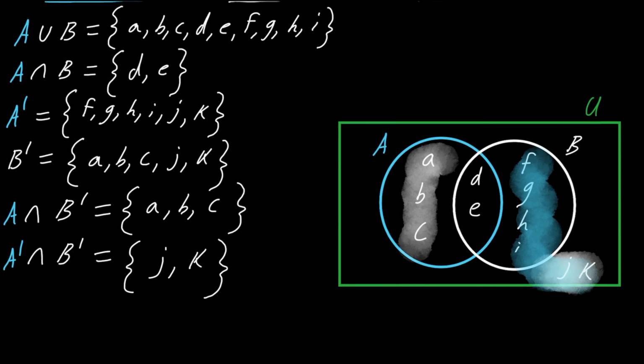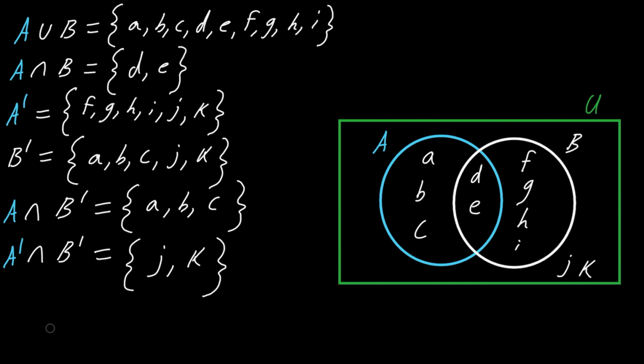Now let me scroll down just a little bit. Now let's think about this. What about A intersecting A prime? Let me write this out. A intersecting A prime. What would that equal? Now let's think about what they're actually asking here.